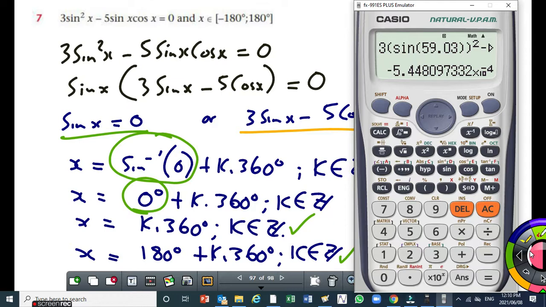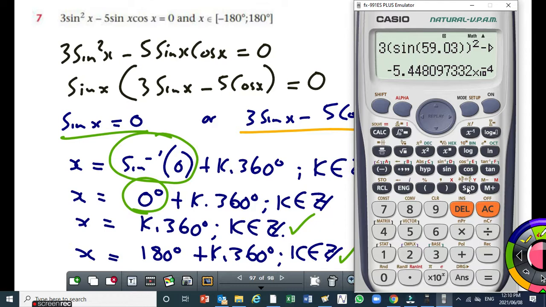I didn't take it as it was. If you know your standard form, this times 10 to the power of minus 4 means you are dividing minus 5,44 by 10,000. And that answer, if you round it off, is close to 0. Unfortunately, the calculator might not convert it to a decimal because it has got many digits.